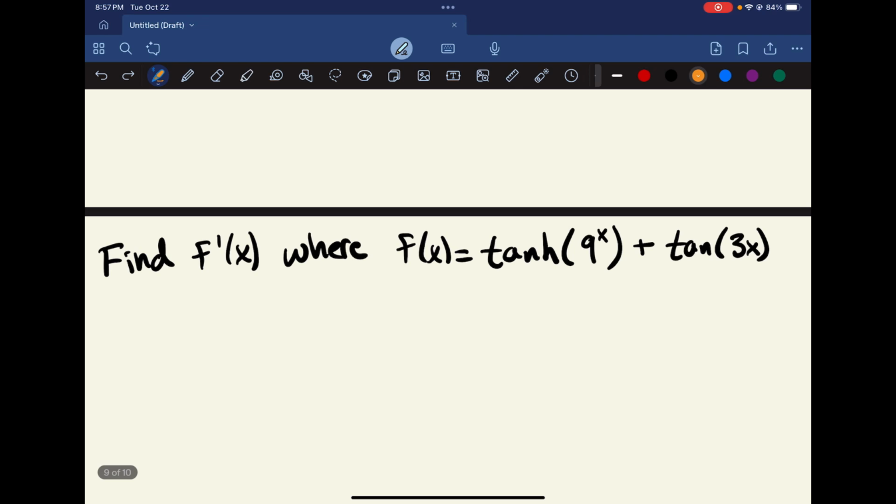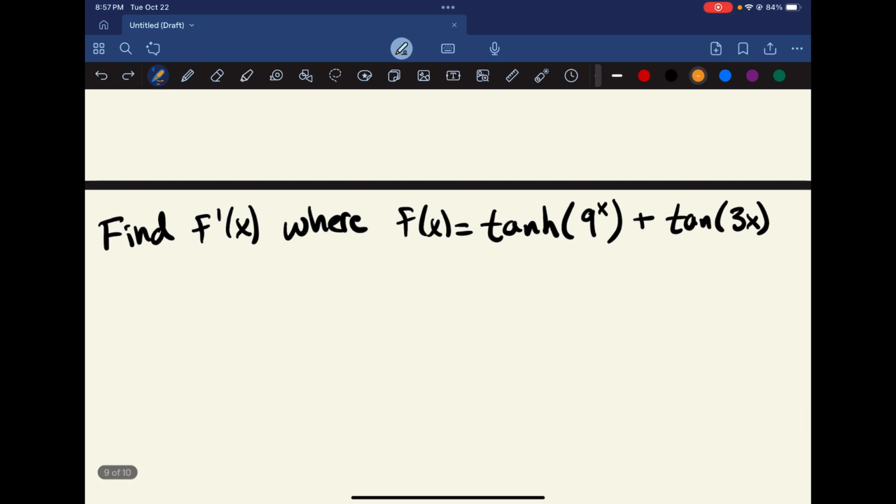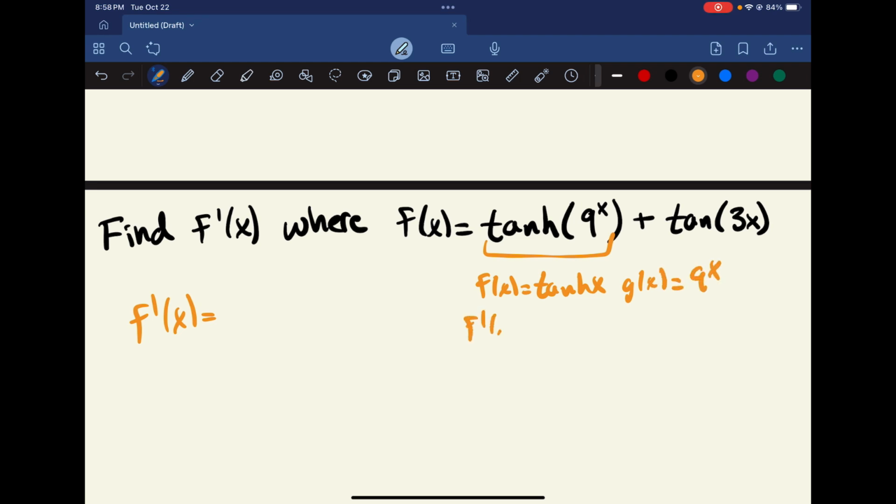So that would look something like this. This is just a basic chain rule problem. Didn't mean for it to be too difficult, so let's just go through it. Our outside function is tangent hyperbolic of x, and our inside function is 9 to the x. Derivative of tangent hyperbolic is secant hyperbolic squared of x, and the derivative of 9 to the x is 9 to the x times ln 9.